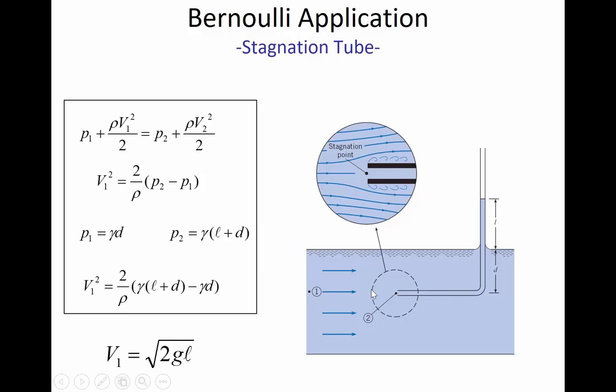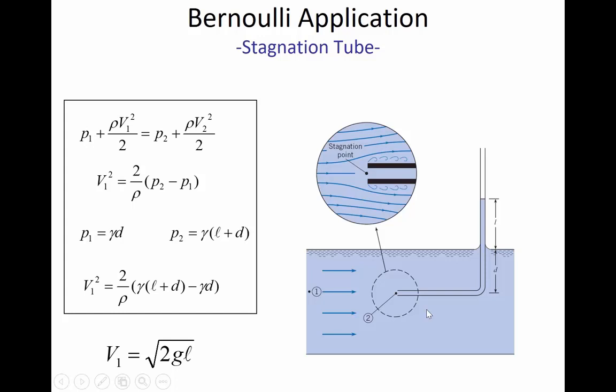Now this only works as long as the opening is pointed at the flow itself, right? If this tube terminated, I wish I could write on the screen. Let me do it this way. What if the tube looked like this? And here's the opening. It's pointing down. And the flow is still just coming.